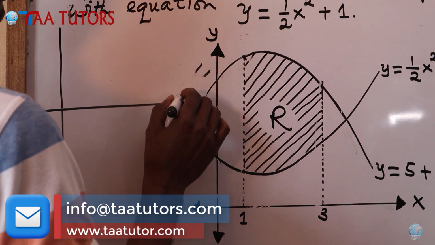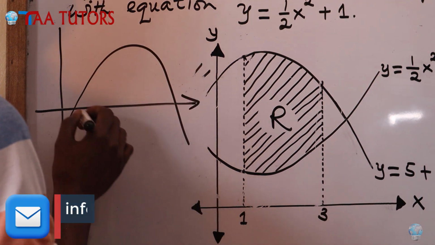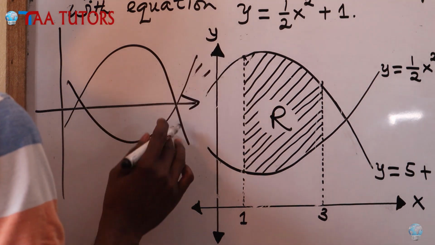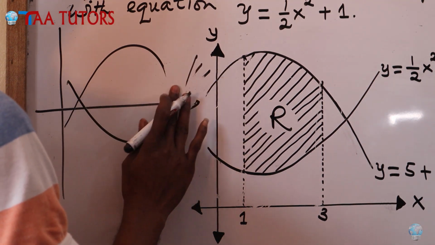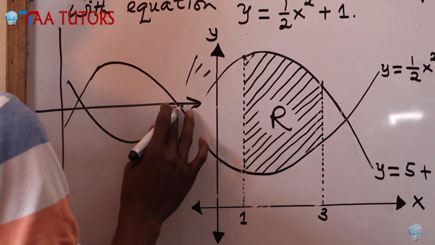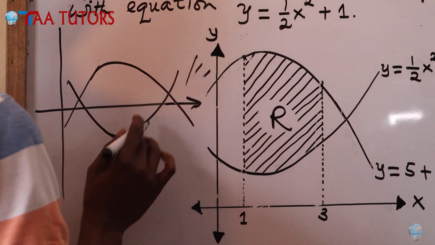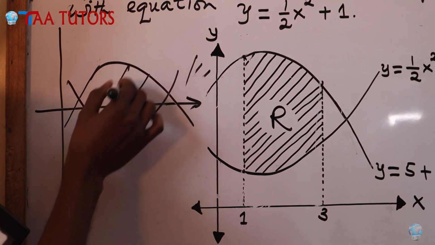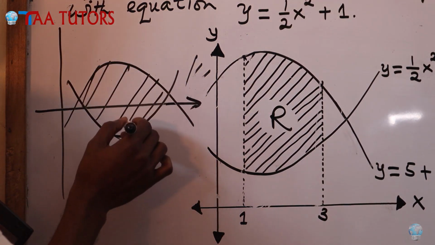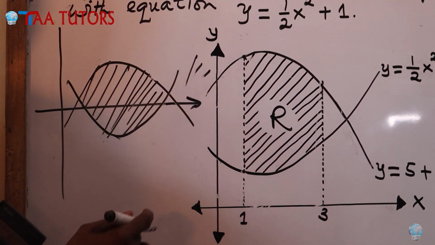For example, if someone gives you this kind of a problem, and you are told to find this region here, you realize that this question may look very direct, but you need to do a lot.